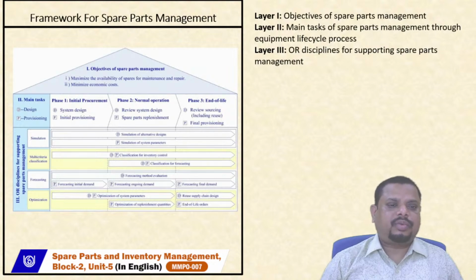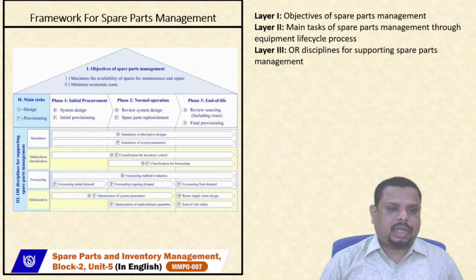These are reviewed under the system design of manufacturing. Then next is parts replacement. So these two points are under normal operation. It is dedicated to the production oriented system or the production department.